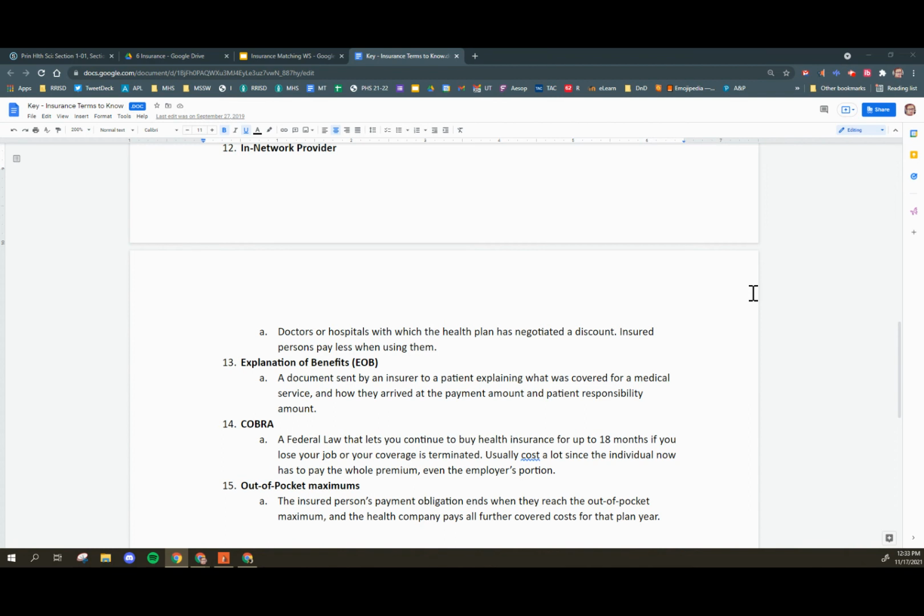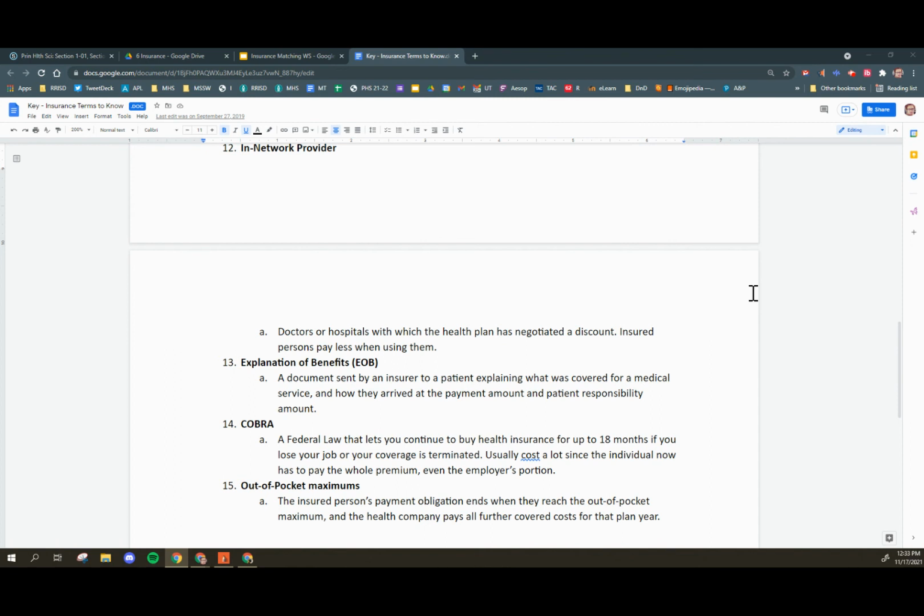COBRA. This is a federal law that lets you continue to buy health insurance for up to 18 months if you lose your job or insurance coverage is terminated. It usually costs a lot because the individual now has to pay the entire premium, including the amount that your employer was paying. So if they were covering 100% of your premium, you now have to start paying that premium 100%.